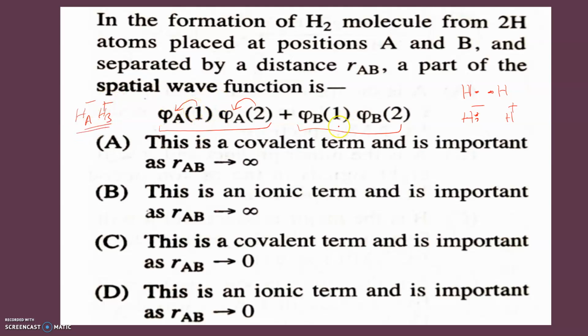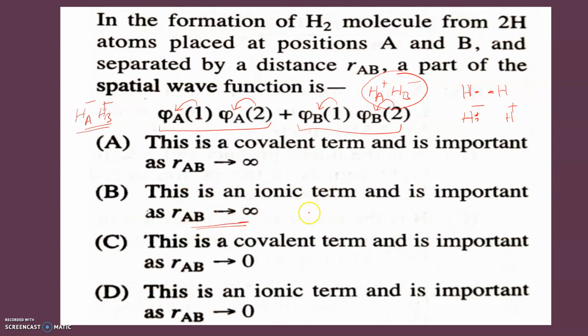Similarly, in the second one, electron 1 is associated with nucleus B, and electron 2 is also associated with nucleus B. So we can represent this as Ha plus and Hb minus. This is another possible ionic part. So this is a linear combination of two ionic parts of the wave function. Therefore it is not a covalent term, so option A is wrong. This is an ionic term and it is important when RAB approaches infinity.